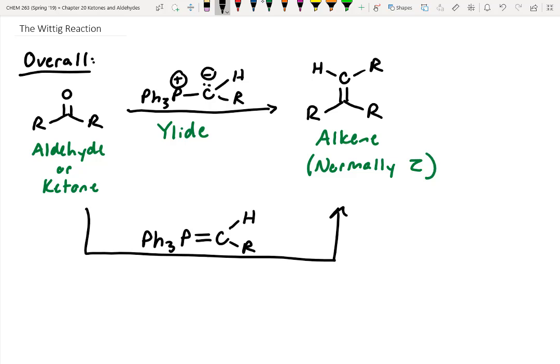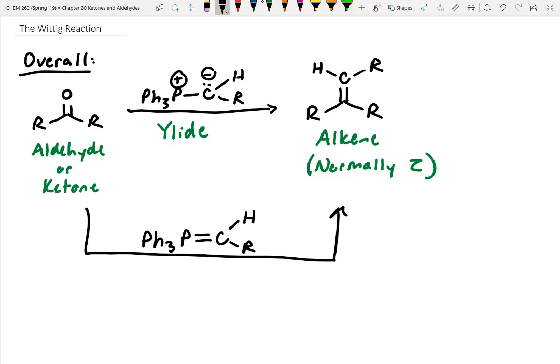I personally like showing it with a negative charge because then it emphasizes that that carbon is the thing acting as a nucleophile, where with the double bond, if you're not familiar with electronegativity trends, it's not immediately clear if the phosphorus is the nucleophile or the carbon. But carbon is more electronegative than phosphorus, so it's the thing carrying that negative charge in this case. Does that make sense?